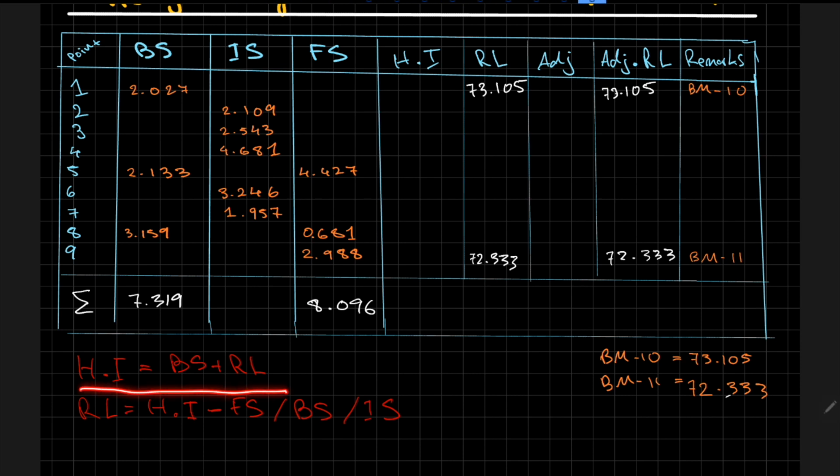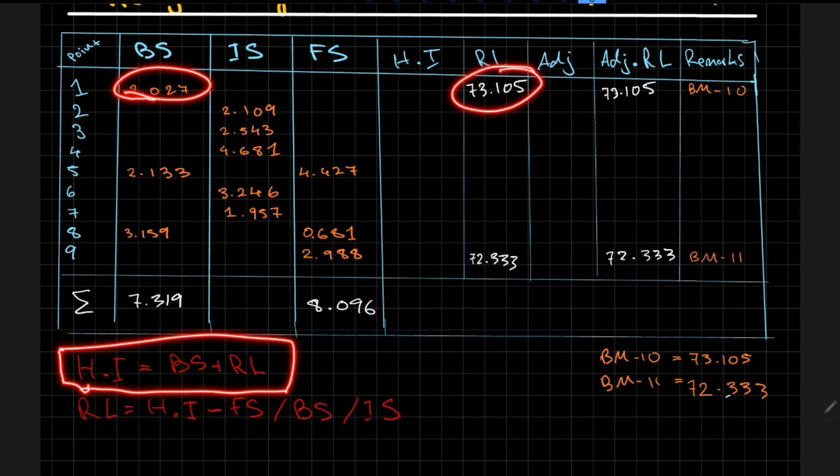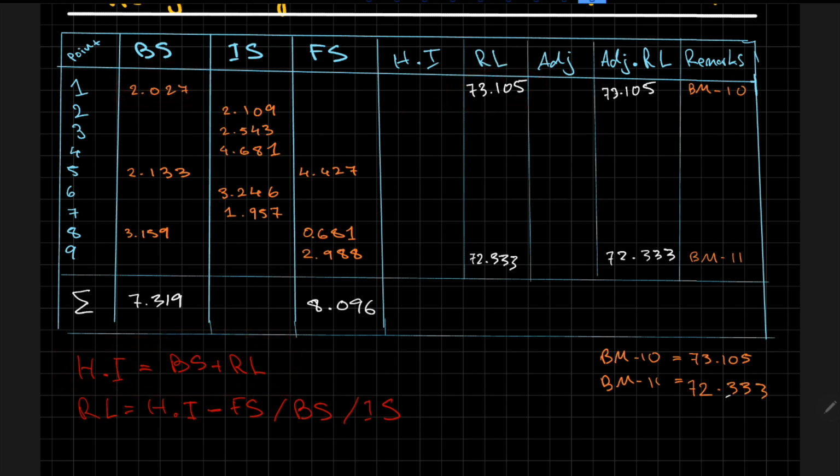So height of instrument equals backside plus reduced level. We already have a backside here and we have a reduced level here. So we have all the components needed to calculate height of instrument. Let's do that. 73.105 plus 2.027 equals 75.132.